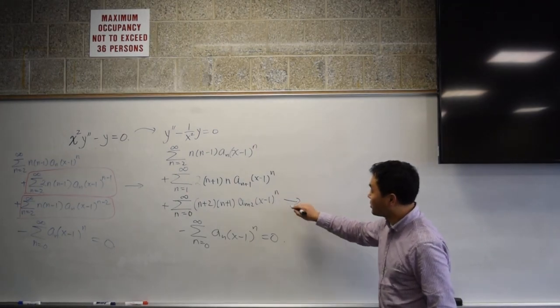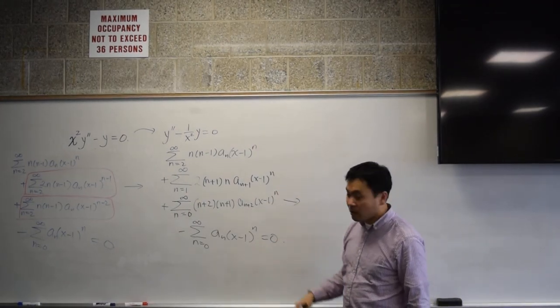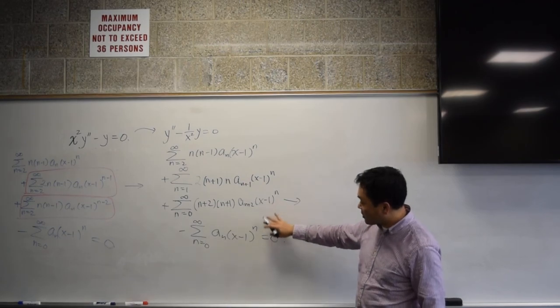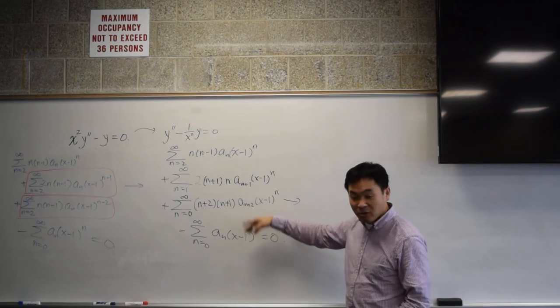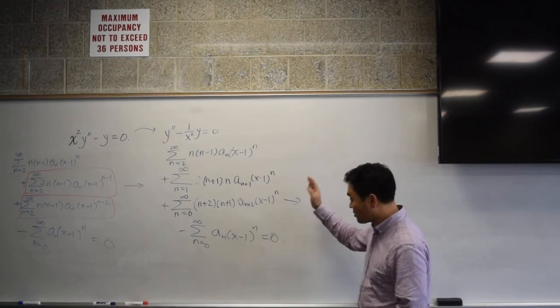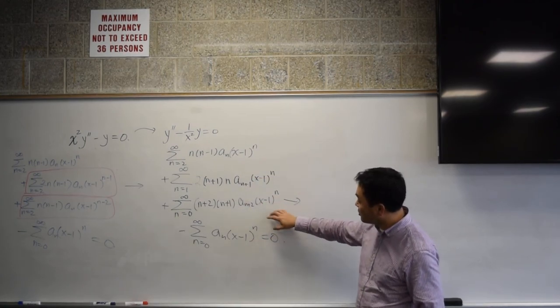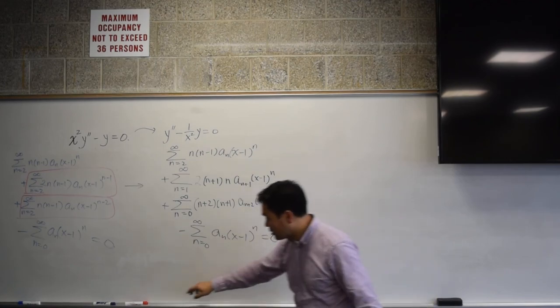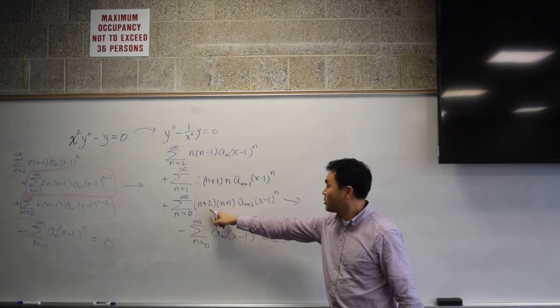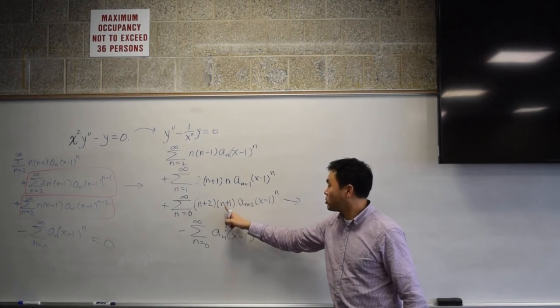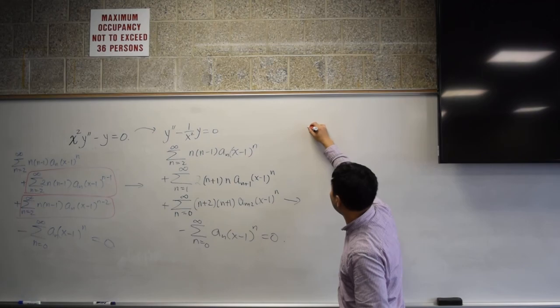Now I have to take those things that are manufactured before the other things are manufactured as a separate thing. When n is equal to 0, these two produce something, right? What does that give us? When n is 0, I get 2 times 1 times a2, so it's 2a2.